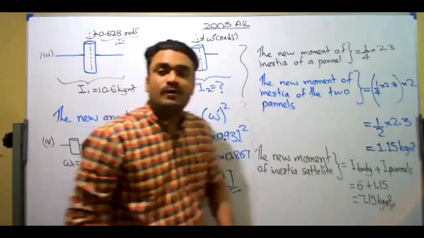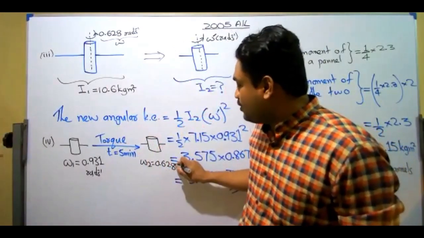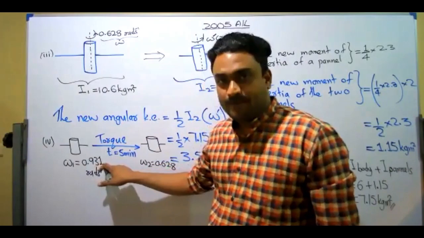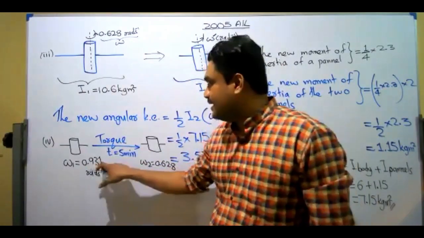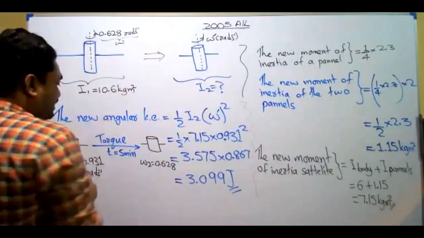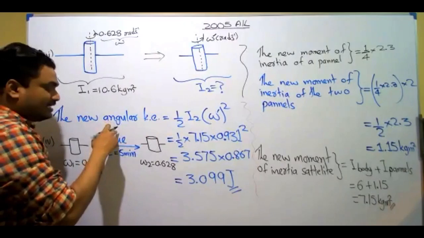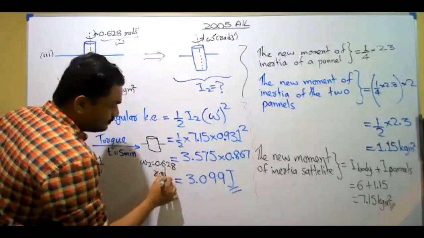The new angular velocity is 0.931. So we apply a braking torque and reduce the velocity from 0.931 to 0.628. It takes 5 minutes. So we want to find the torque and the angular deceleration.